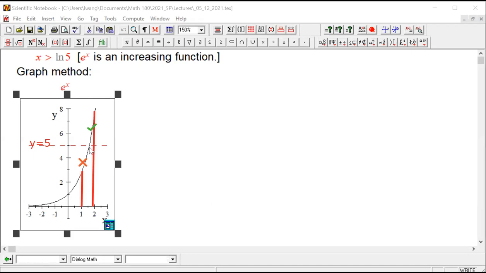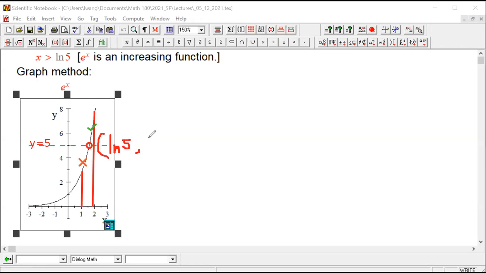What is this point that separates them? The input is ln 5.